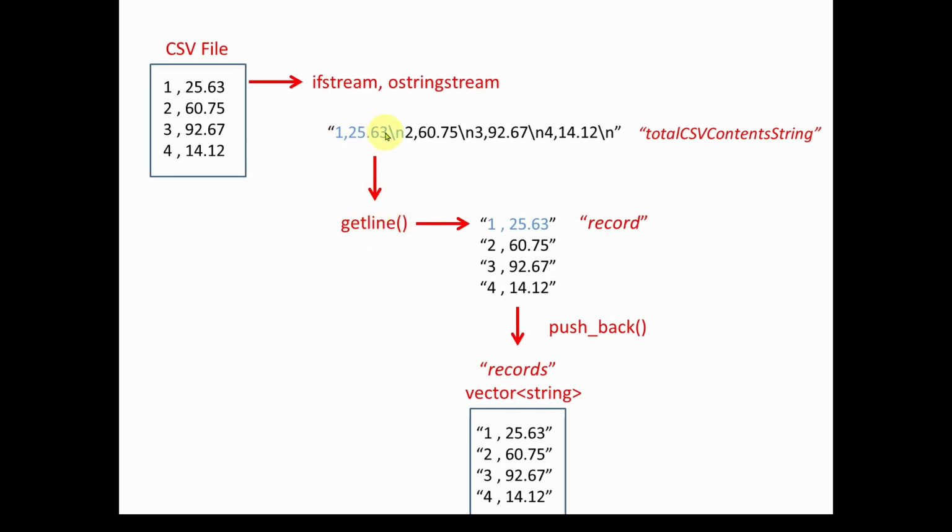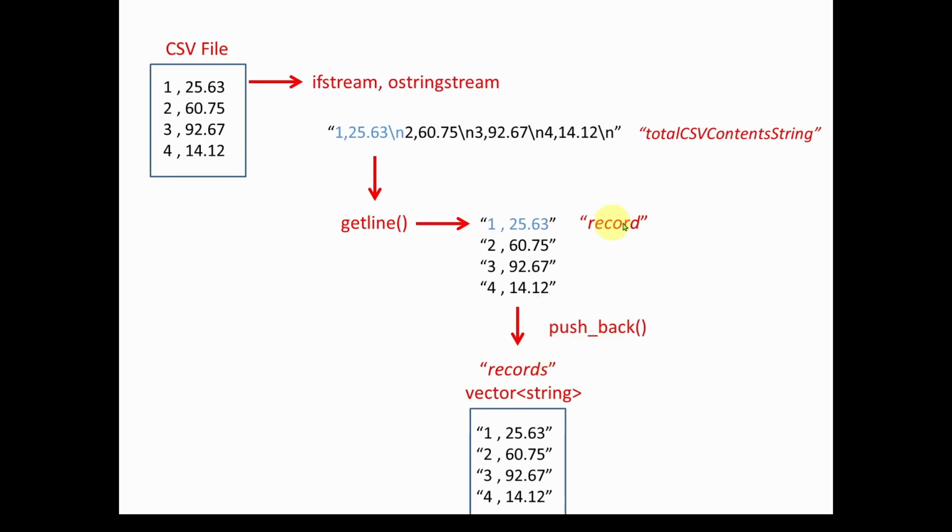And we're going to take that data that it returns and put it in what we call a record, which is just a string representing that line of data. So we've taken the first line from the CSV and converted it into a string of that one line. We're going to call that record. Then we're going to do that for each line and make a new record. And each time we have a record, we're going to put it in a vector of strings called records using the push back.